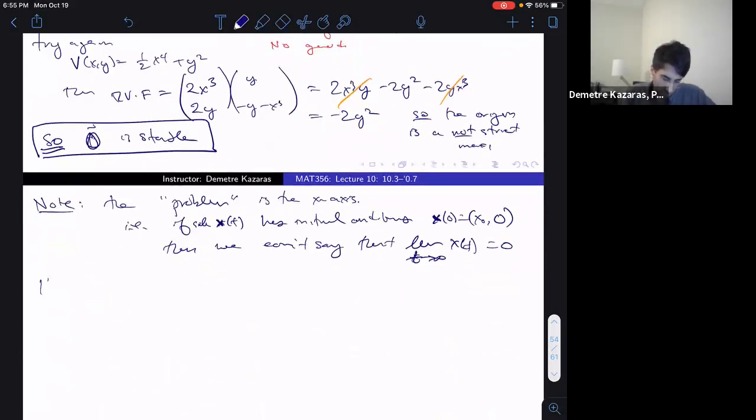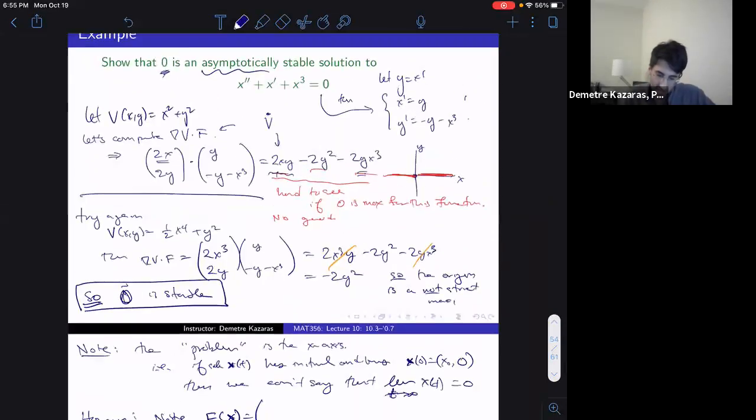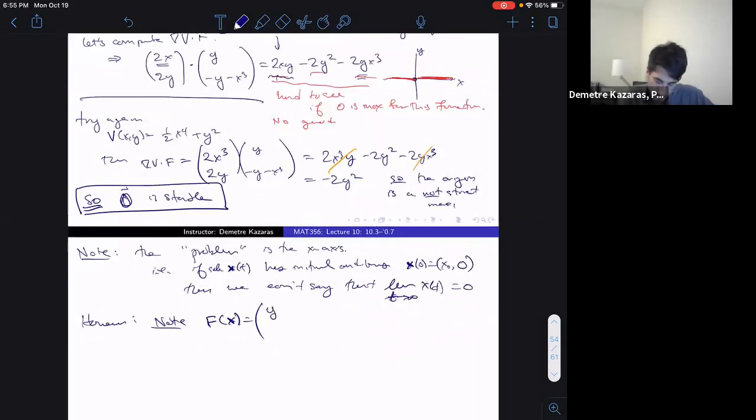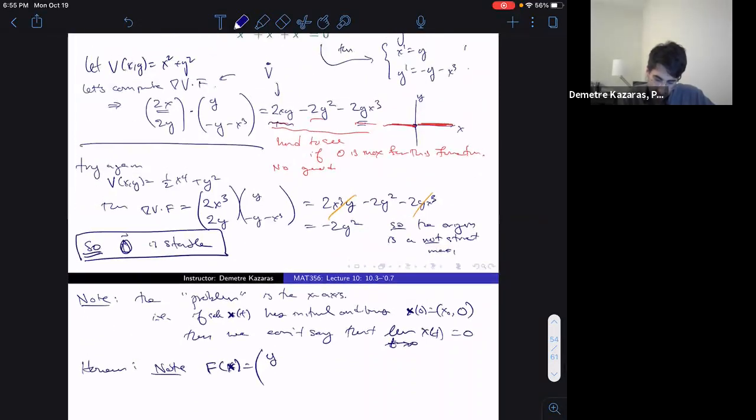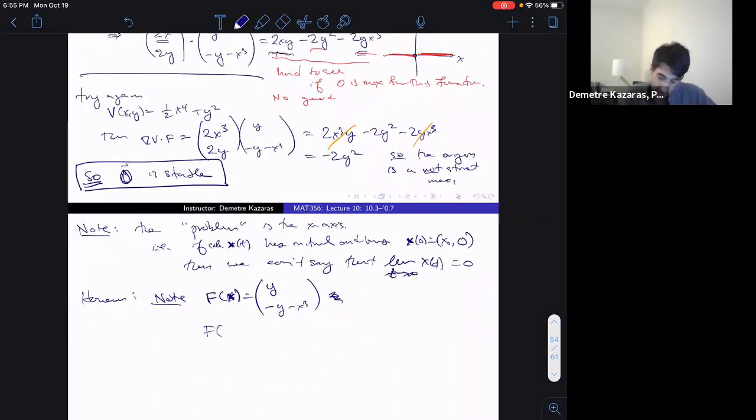However, let's just inspect the capital F of bold x. That is the vector y, and then minus y minus x cubed. Let's take a look again. Okay, so if the y component is 0, this will just be the vector 0 comma minus x cubed.